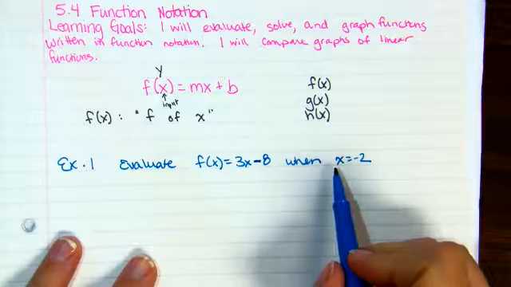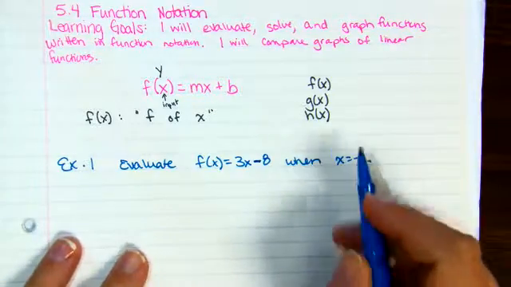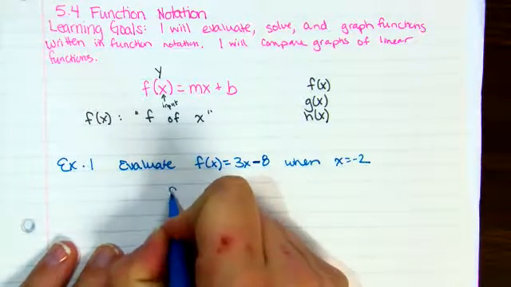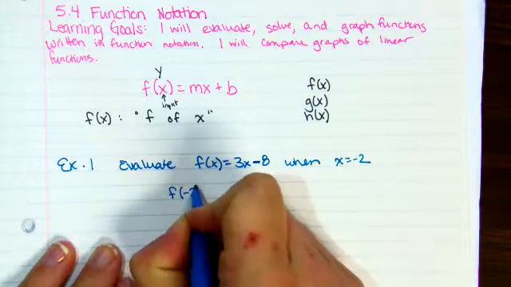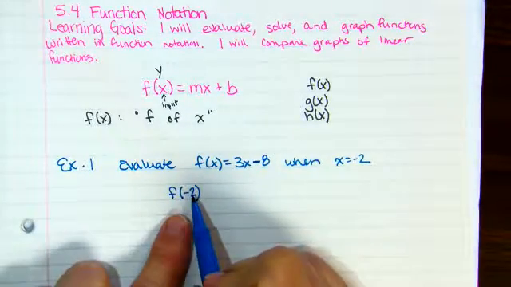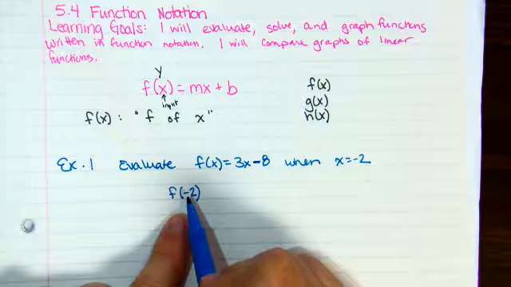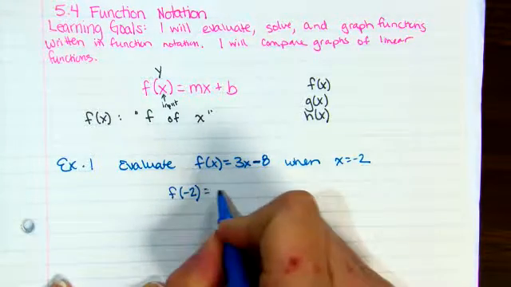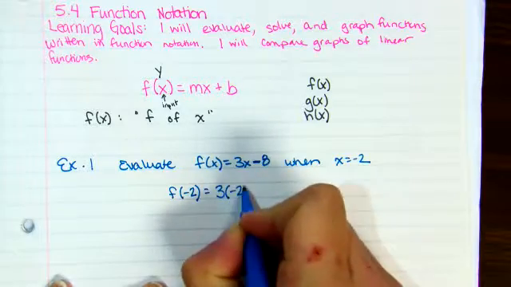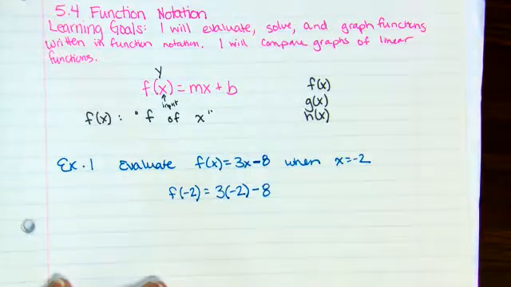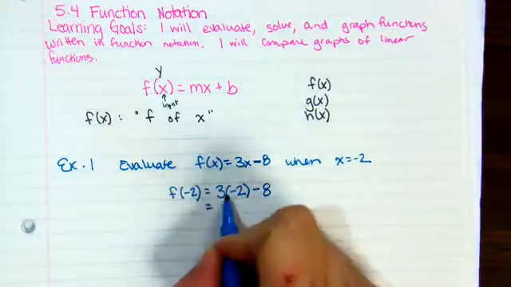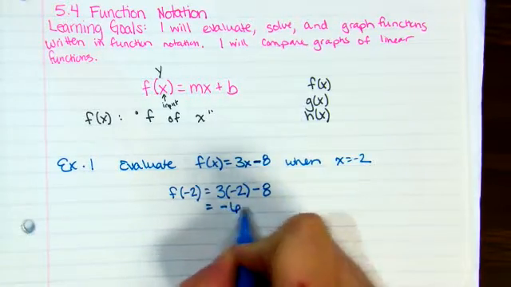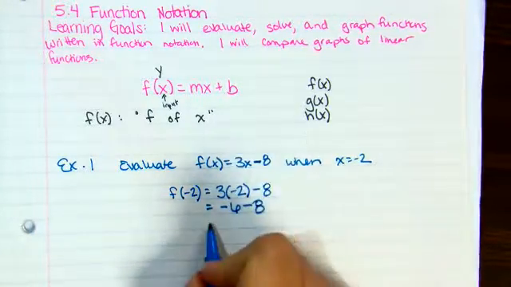So the way that I show that I'm putting negative 2 in for x is I'm going to write it like this: f of negative 2. Our input is negative 2. And then everywhere I see an x, I'm going to substitute negative 2. So that's going to equal 3 times negative 2 minus 8. 3 times negative 2 is negative 6 minus 8.